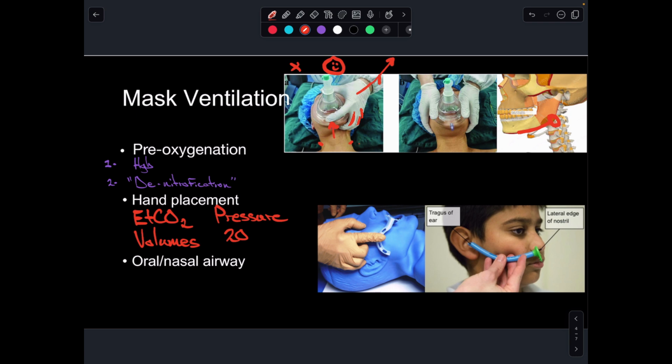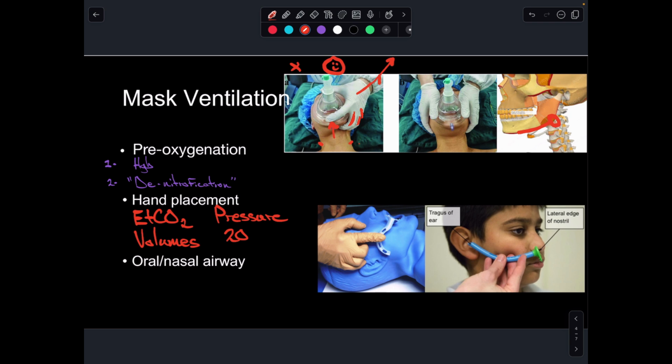If you're delivering tidal breaths and you're exceeding 20 in your pressures, then you should begin to be concerned that you're using too much pressure to ventilate. Maybe your technique is off, or maybe you need to place an oral pharyngeal airway or change something, because you could be forcing air into the stomach.